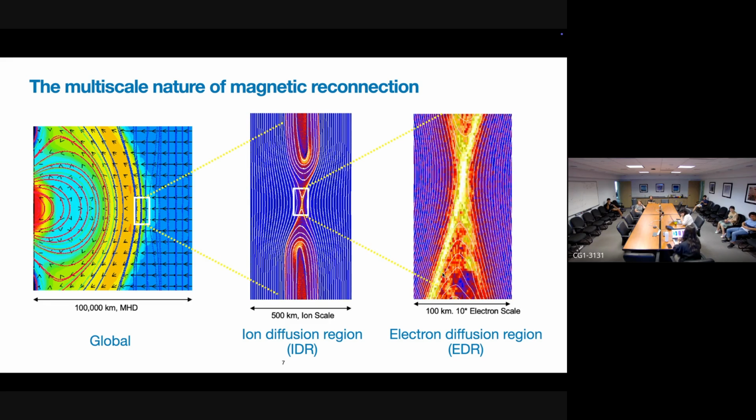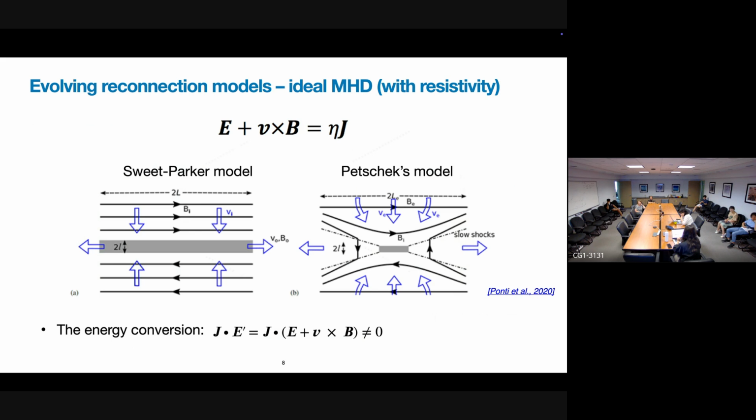So what's happening here? Since we already mentioned the frozen-in condition is no longer valid, we need to find a way to maintain the reconnection electric field. Without the V cross B, what other terms can we use to support the electric field?